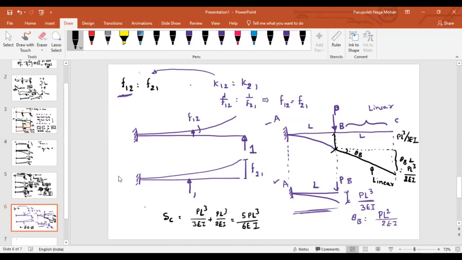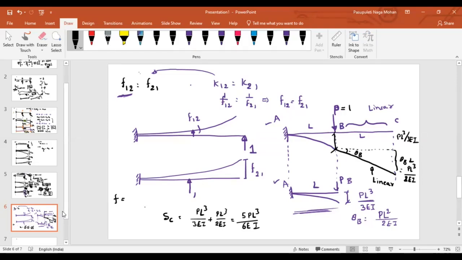Now, convert this in terms of flexibility. What is flexibility? Flexibility is nothing but deflection divided by force. Instead of P, if I apply a unit force, P is equal to 1, what can I call this delta C?